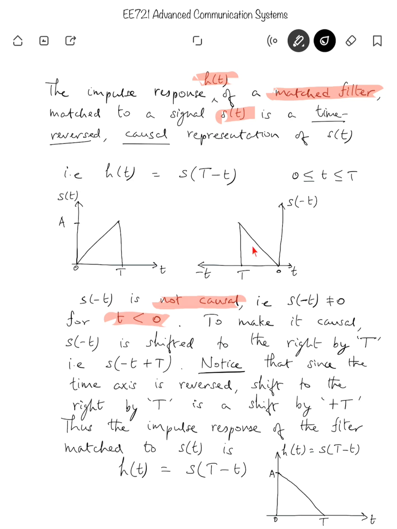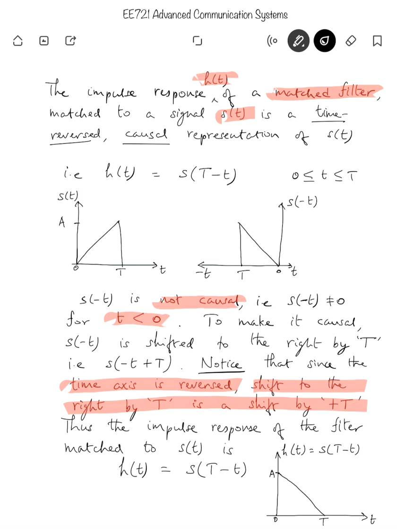So we have s of minus t done here, and then shift to the right by T. Normally, if you remember, a shift to the right means you would put minus T. But in this case, because the time axis is already reversed, a shift to the right would be a shift by plus T.